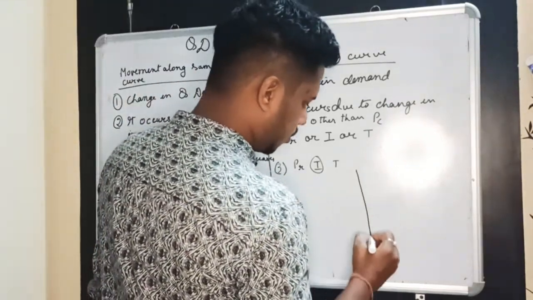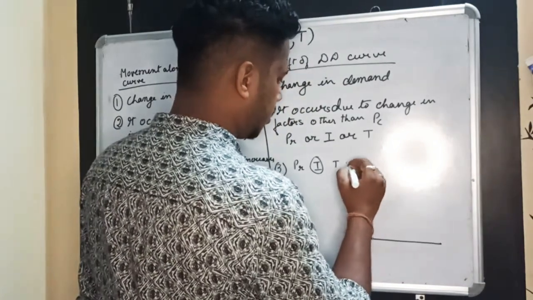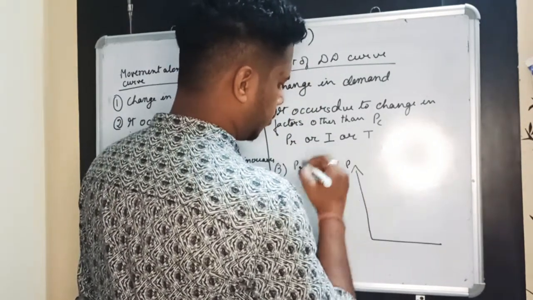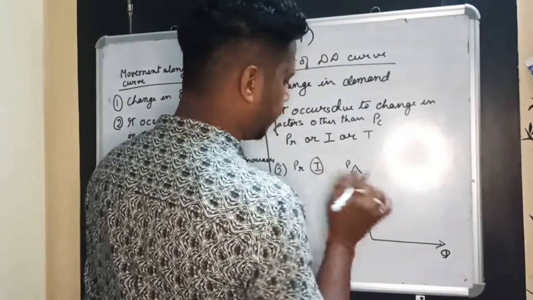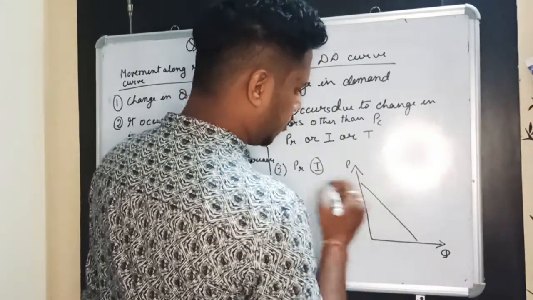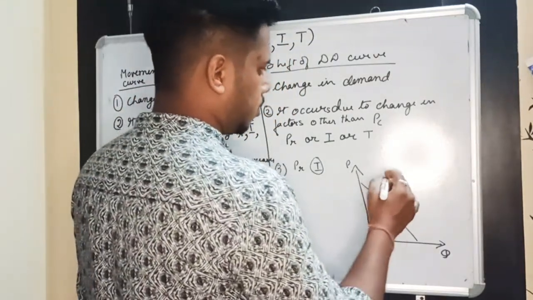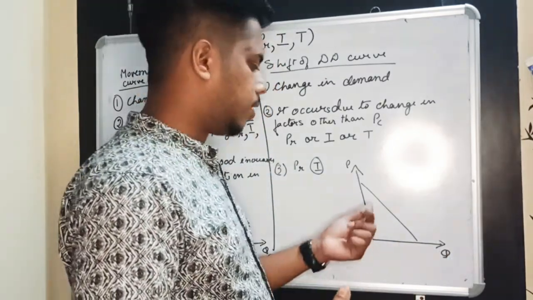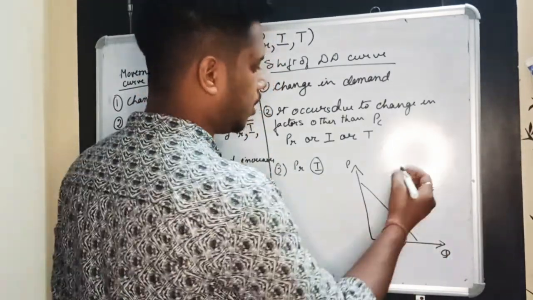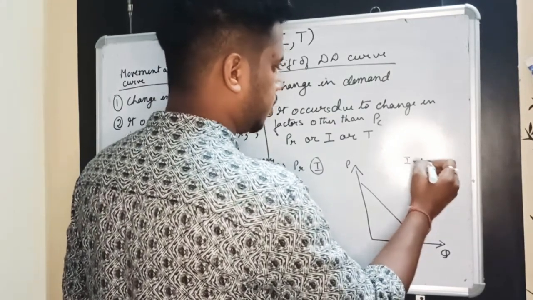Suppose this axis represents price and this axis represents quantity. Okay, and we have the demand curve in this manner. So suppose the person who is purchasing, or the person whose demand curve is represented over here, has an income of 100 rupees.